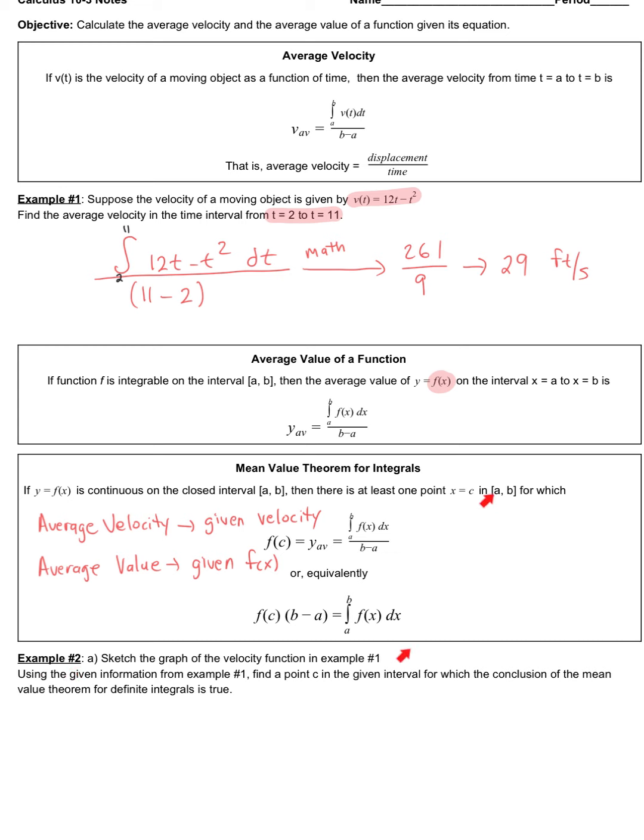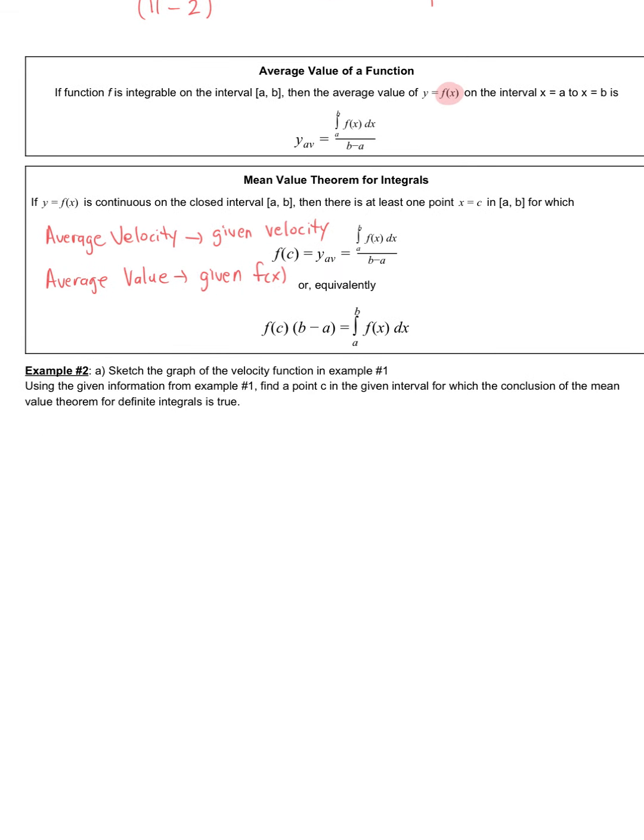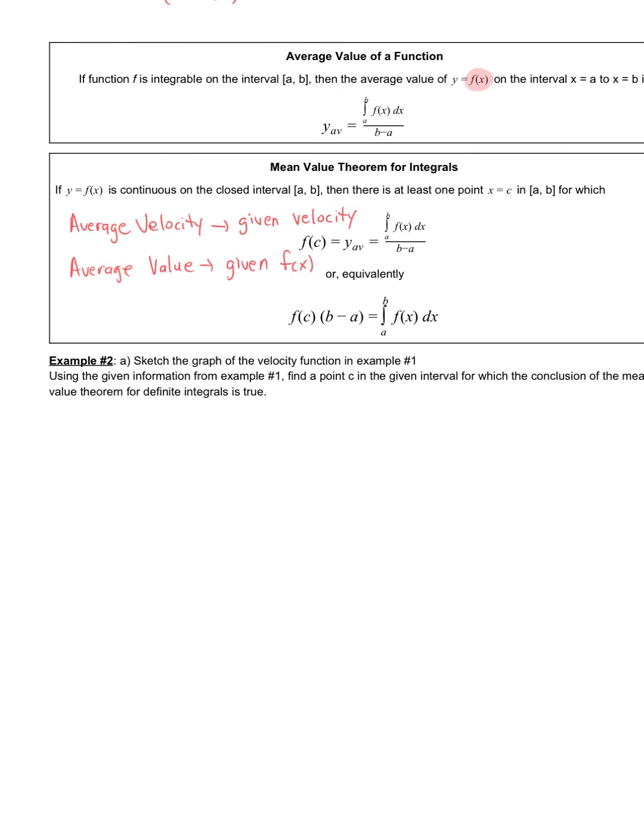The first thing that we need to do for example number 2 is to sketch the graph of the given function. So the function that we are given in example 1, let's bring down our function. v of t was equal to 12t minus t squared.